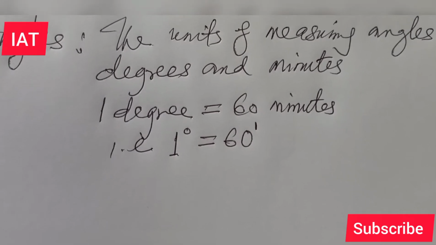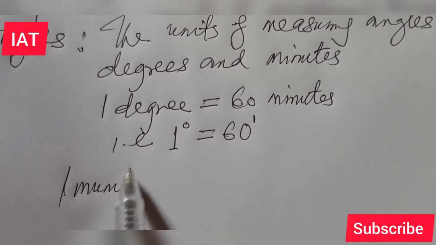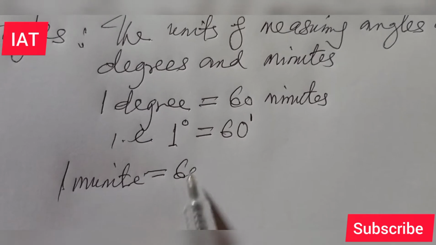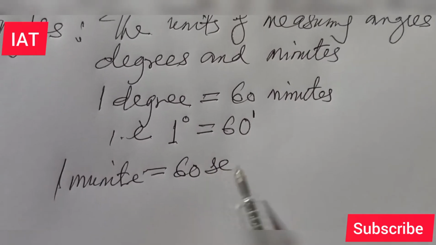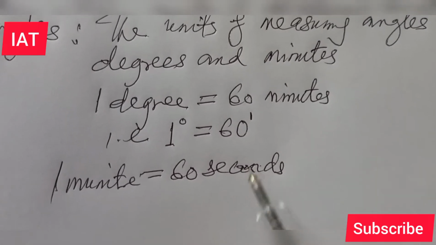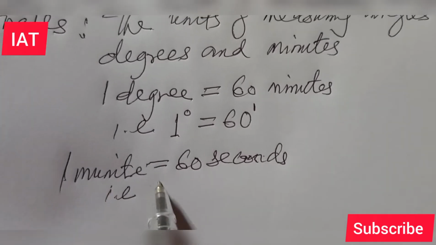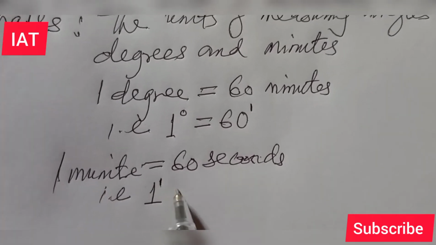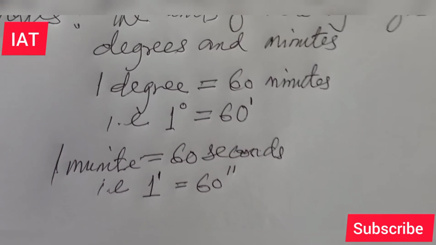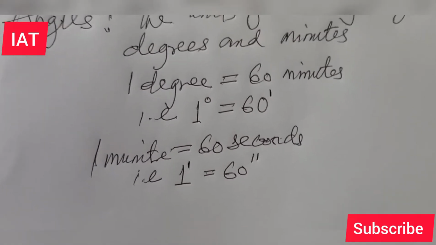Sometimes smaller units like seconds are also used, like 1 minute equals 60 seconds. In essence, you can still put it this way: 1 minute equals 60 seconds. So I think these are the basic introduction to angles.